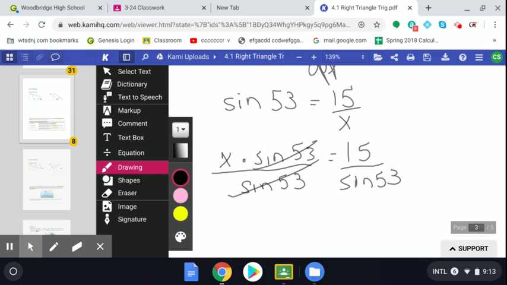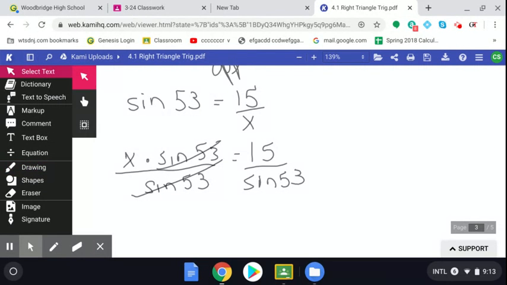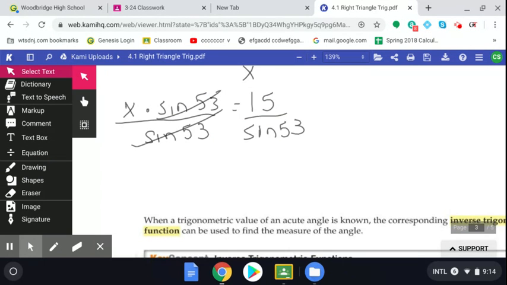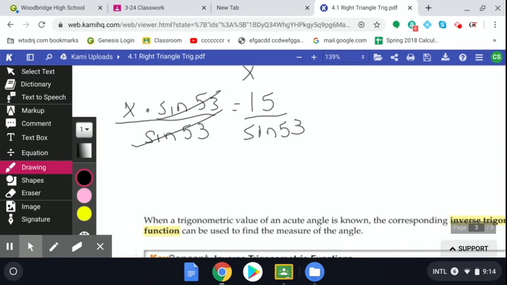You'd put that on the calculator. Now when you enter this on the calculator, make sure you are in degrees. So 18.8, and its units.